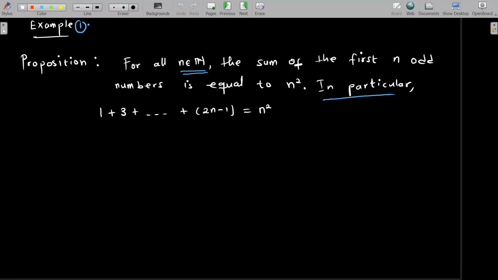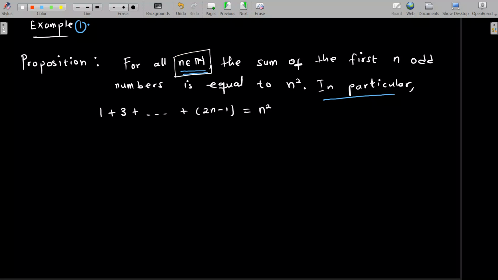Now the first problem is a proposition that we're supposed to verify as true or false. For n belonging to the natural numbers, the sum of the first n odd numbers is equal to n squared.